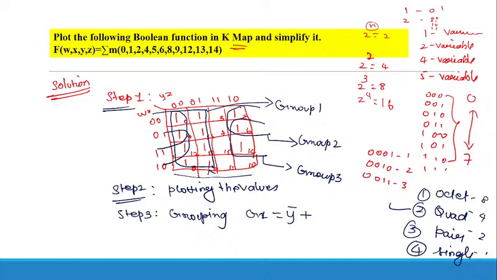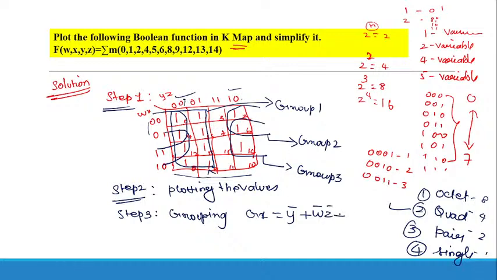What is group 2? Group 2 is the first quad. So which is a common variable? Here W is a common variable. So W bar, because 0 is there. Next, look at the 2 columns. This column and this column are contributing to the first quad. So which is a common term? 0, 0, 1, 0. This is common, which is Z bar.